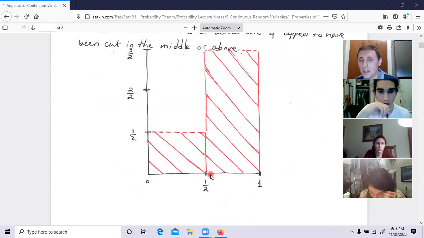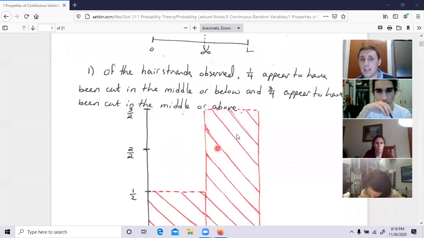You understand? So here you discretize the hair. You don't pay attention to where exactly the cut occurred. So if a cut occurs anywhere between 0 and 1/2, you say it happened between 0 and 1/2. You just have this bar, right? And if it happened between 1/2 and 1, you can just imagine it happened at 1 if you prefer. However you like it, right? It happened somewhere here. You cannot tell. Those are big pixels, okay?